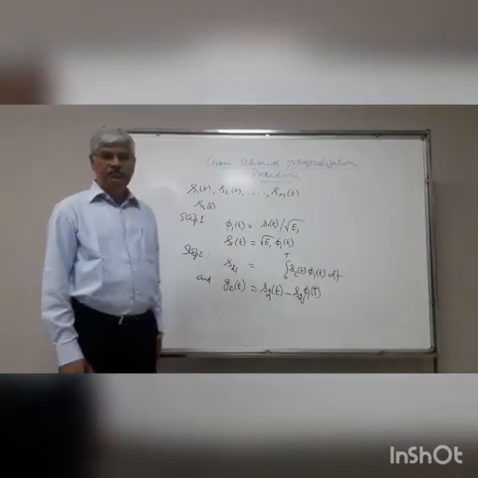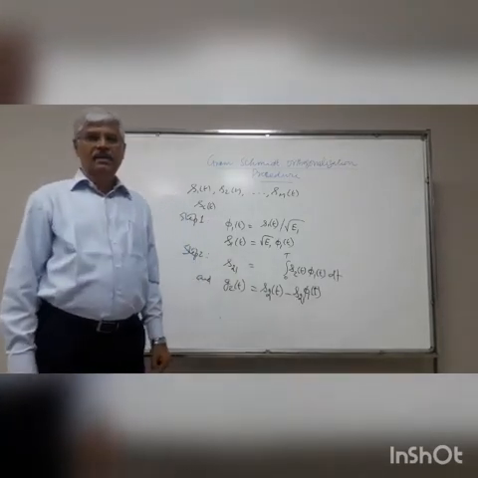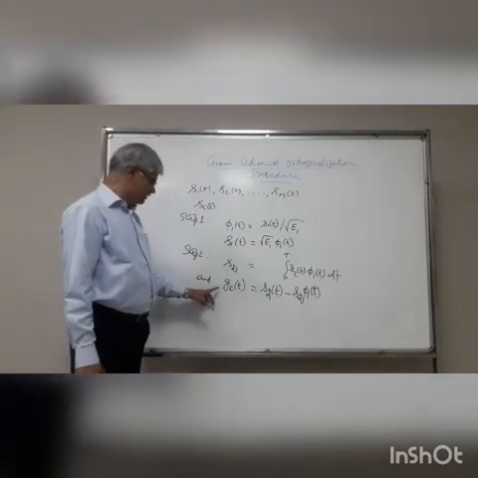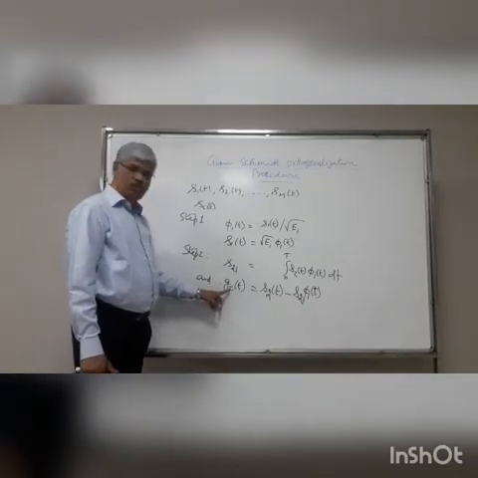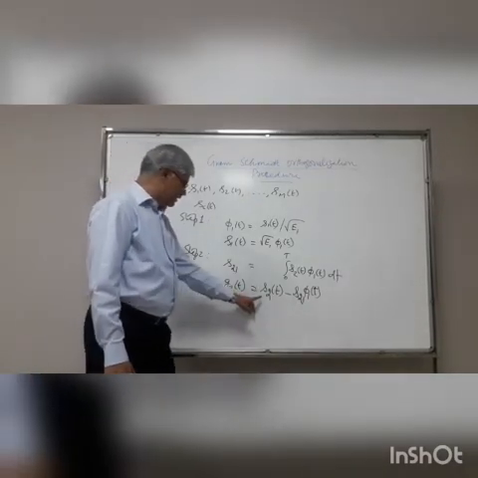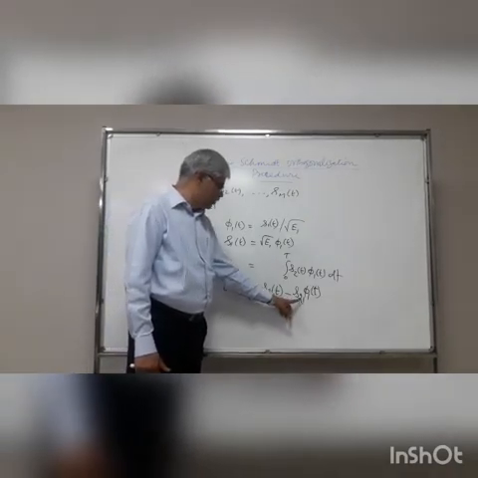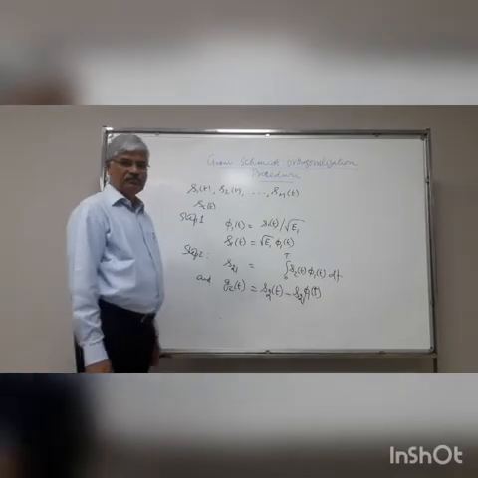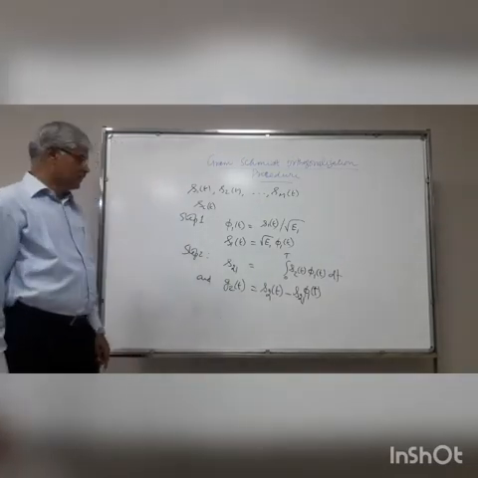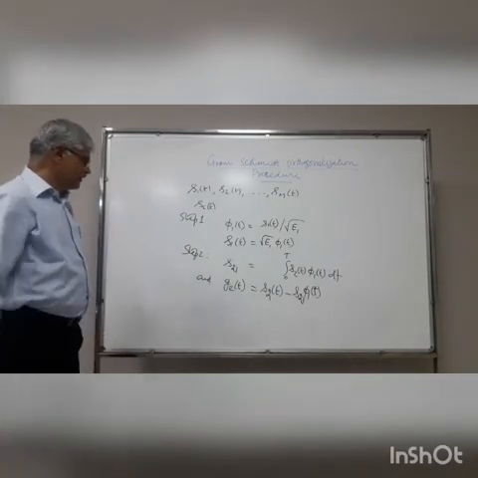Then let us define another function called G2 of t like this: S2 of t minus S21 phi 1 of t.